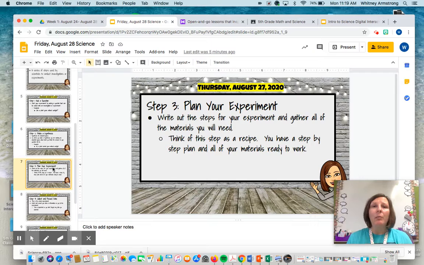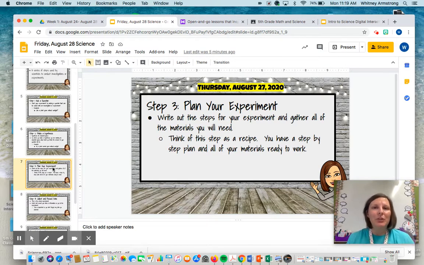Let's say you're making some brownies. Before you make those brownies, you gather all your materials, and then you look at the recipe, and you go through and do those steps in order. That way your brownies come out the best they can be.